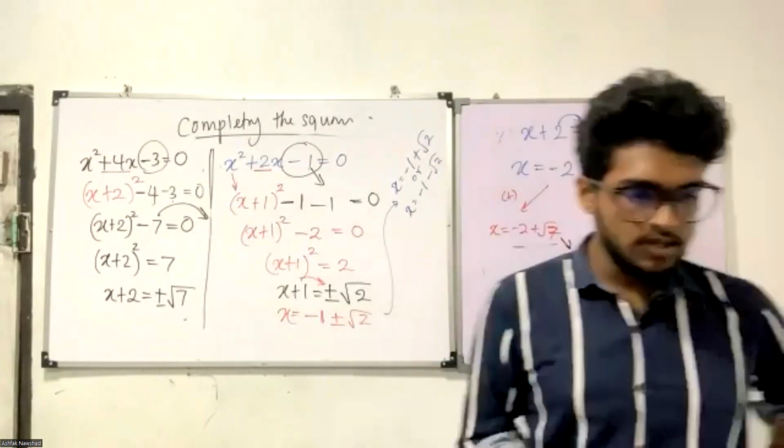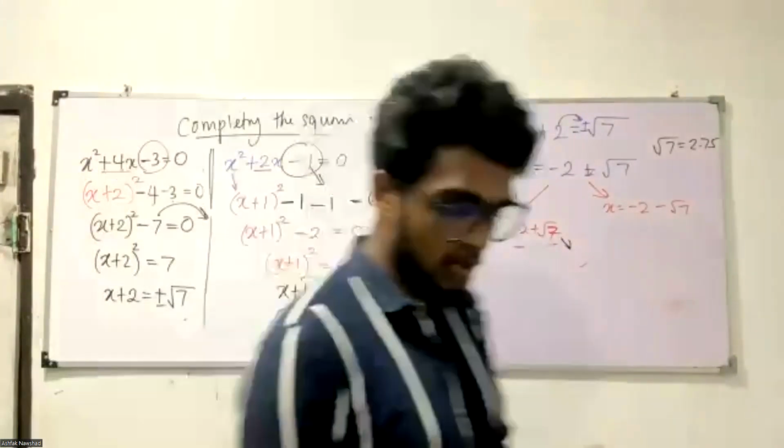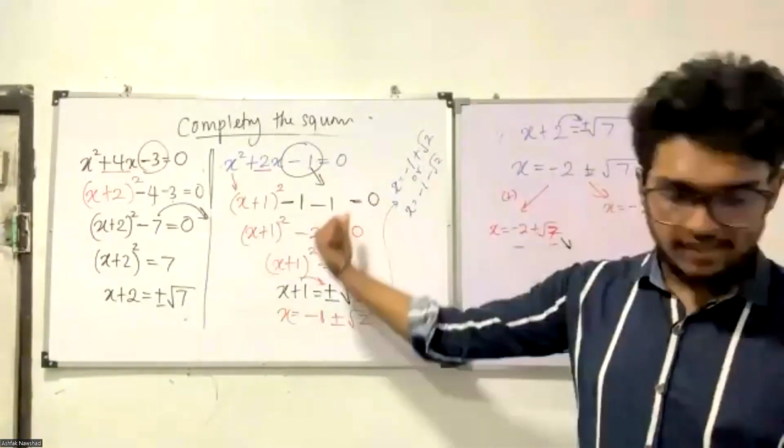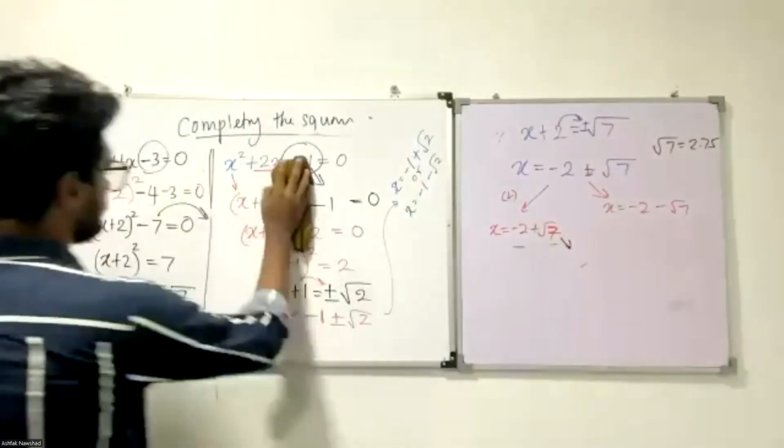Okay, now this question I'm going to do very slowly. I am expecting your answers, right? At each step I'll be asking you questions and you are going to help me through.